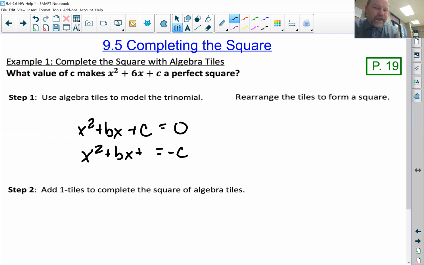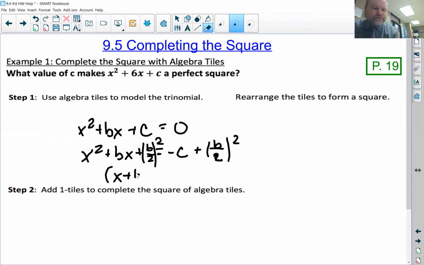And then we take half of b, square it, and add it to both sides. And the reason we do that is then the left-hand side factors pretty easily. And then it becomes kind of like a square root problem.